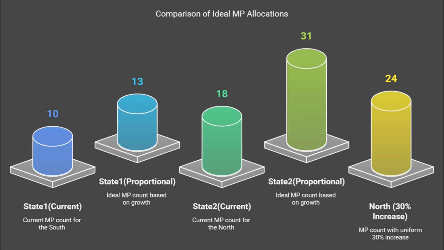Over a period of time, there is a 30% growth, and now the new population becomes 130. So, as per the delimitation process, for the new population of 130, it will have 13 MPs. There is another state where the initial population is 180, and for the same metric, this state has 18 MPs. But this state doesn't follow population control, and they have a 70% increase.